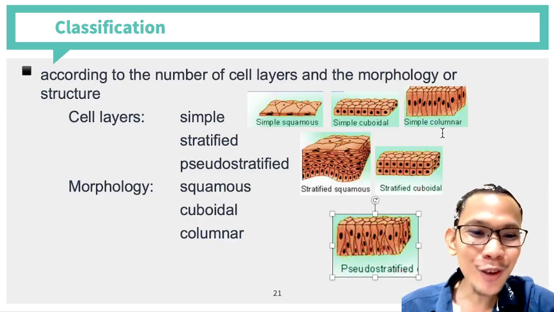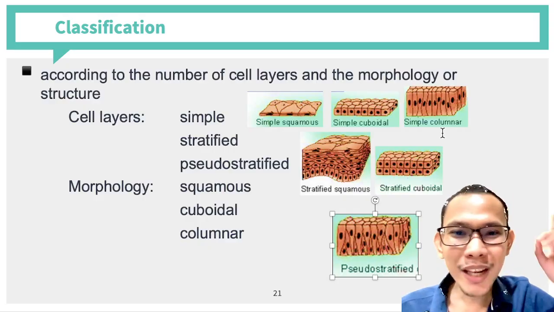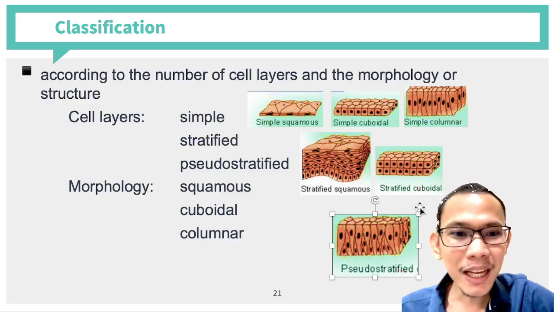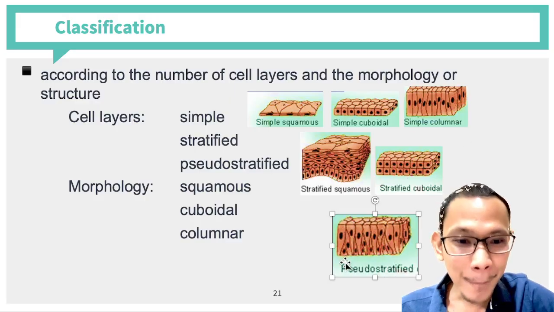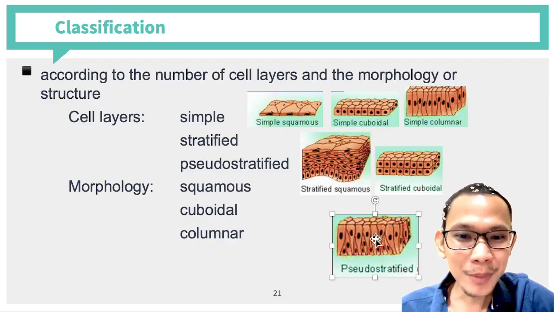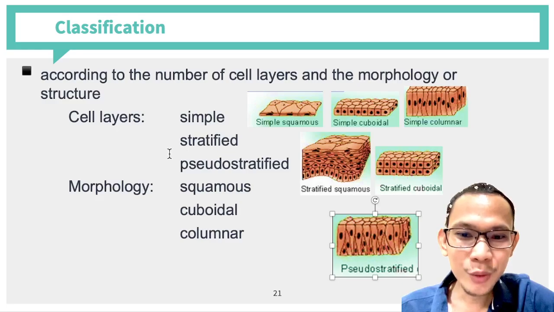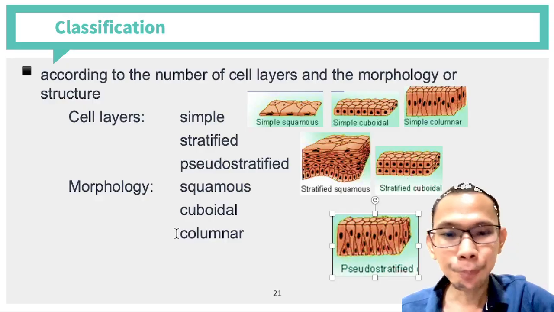When I say pseudo-stratified, automatically that is columnar. Tingnan nyo naman, pahaba ang cell. Not cuboidal, not flat cells. Again, we've done discussing on how to classify the cell: simple, stratified, pseudo-stratified, then morphology, squamous, cuboidal, and columnar.